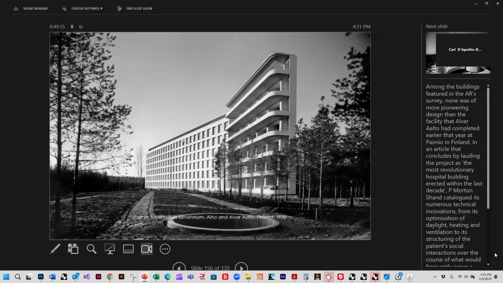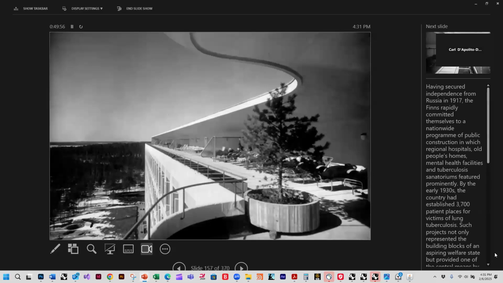Alvar and Aino did the sanatorium for people with tuberculosis, which was one of their first six projects. It really brought them into national renown, and it's clearly all about ventilation and air, and the whole top is this deck for patients to be exposed to the air.